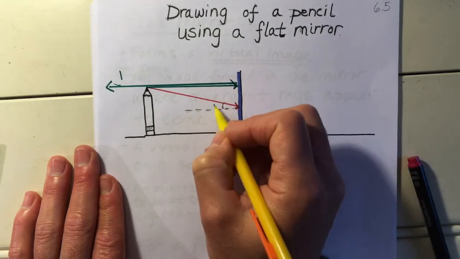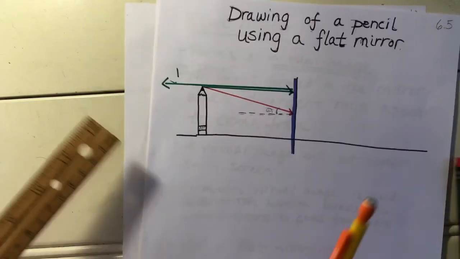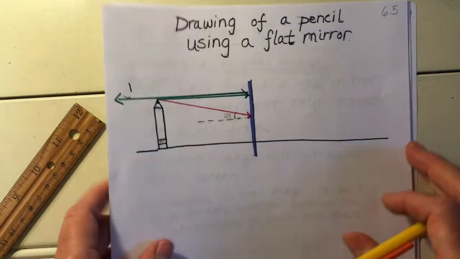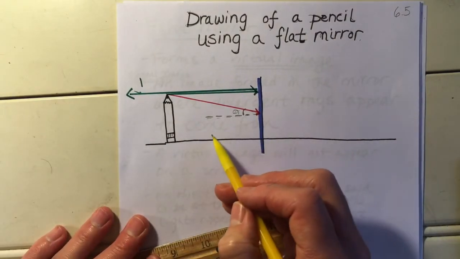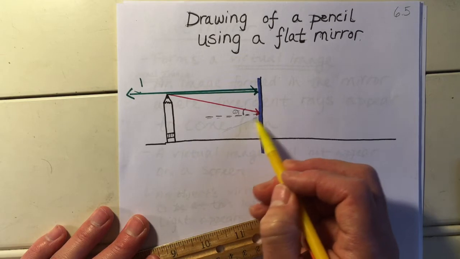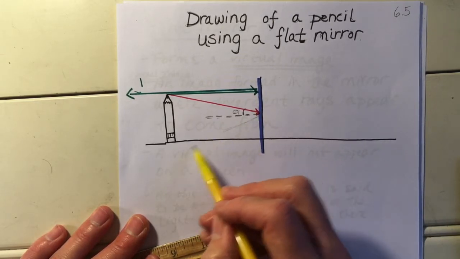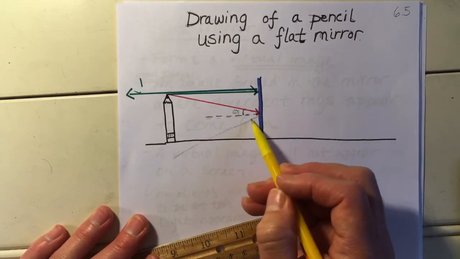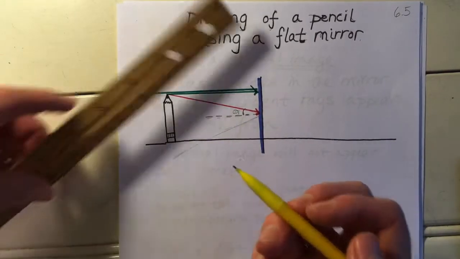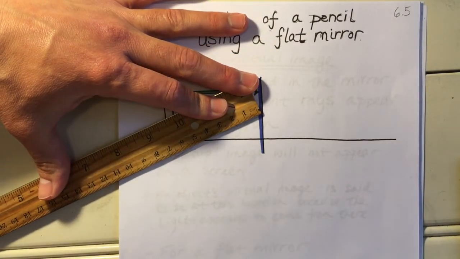All right, so there's my theta I. And I know that there is an equal angle that it's going to reflect off at, right? Theta I will equal theta R. Okay, so I'll try and draw that in with my straight edge.